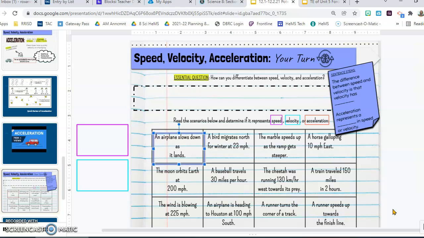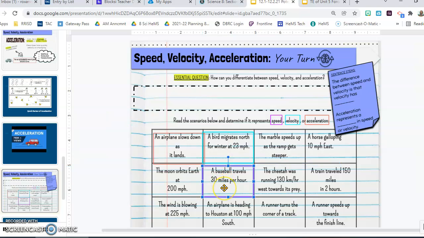Wait a minute, one has direction and speed: direction north and speed. So that's going to be the teal one, so that can go here. A marble speeds up as the ramp gets steeper. Absolutely, let's hold on to that one. A baseball travels 30 miles per hour. That's definitely speed, so we're going to put this here.